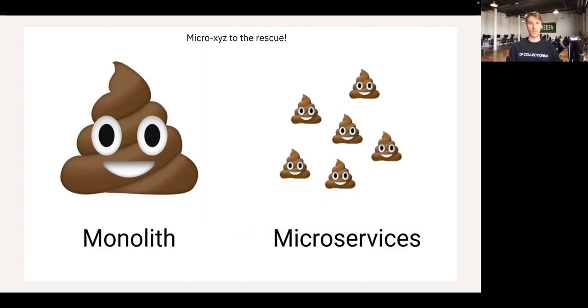In this case, if you think of the poop emoji, you're going from a very high volume because of the surface area of the shape to a smaller volume because all of these microservices have a smaller size. So that's the goal, to reduce the amount of volume that you have. Extrapolate that a bit, and you have microservices and micro-frontends at the same time.